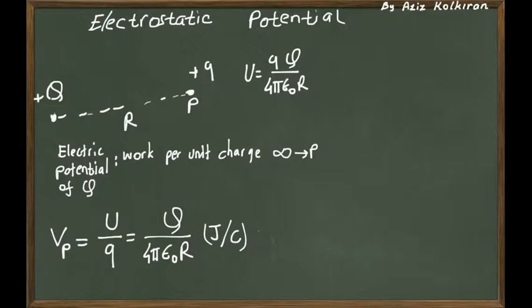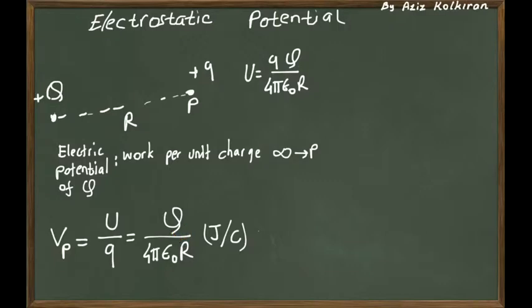There are two concepts here. One is electrostatic potential energy. It requires at least two charges. And the other is electrostatic potential. It contains only one charge. And the electrostatic potential for one charge is defined by this equation.